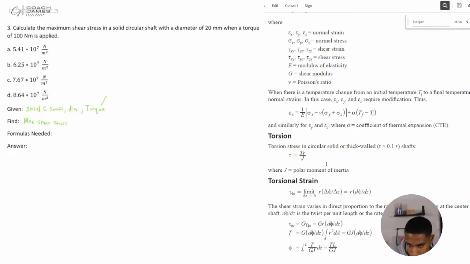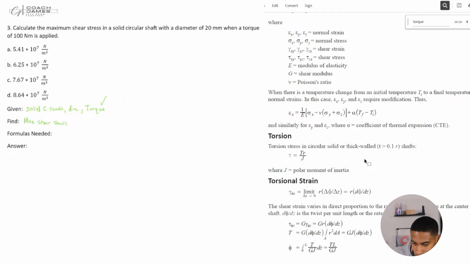Do we have R? What is R? R is the radius. Well, we're given diameter, so we are given the radius. Are we given J? J is the polar moment of inertia.